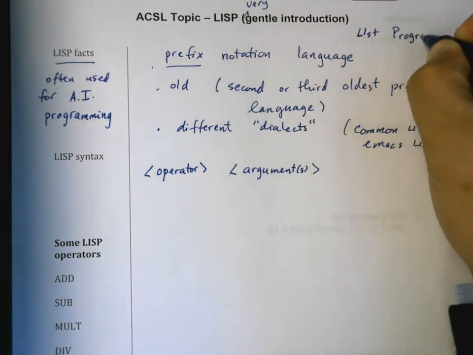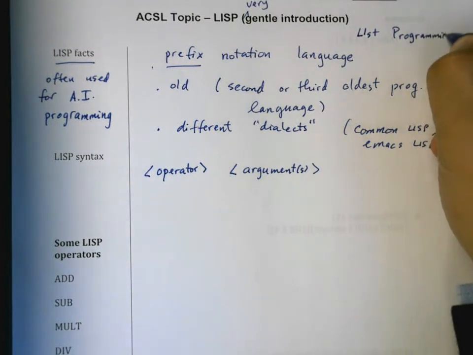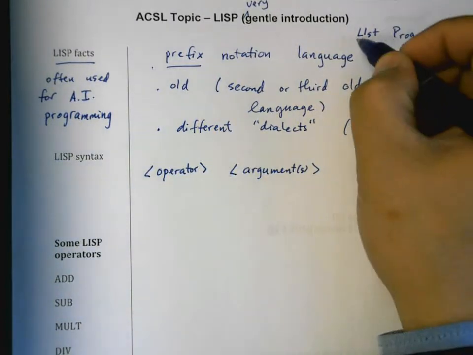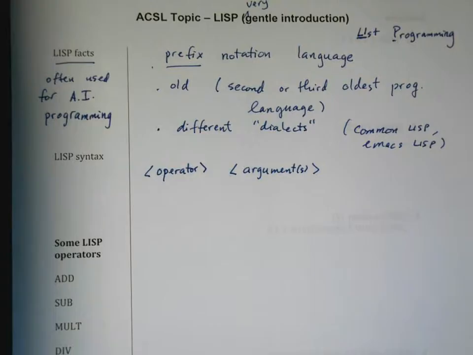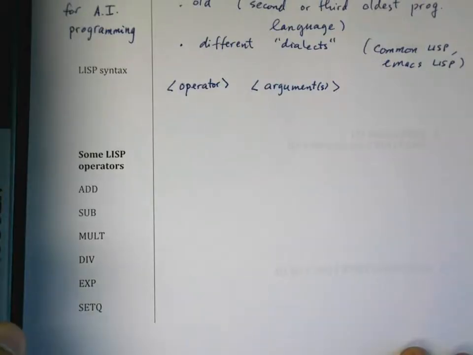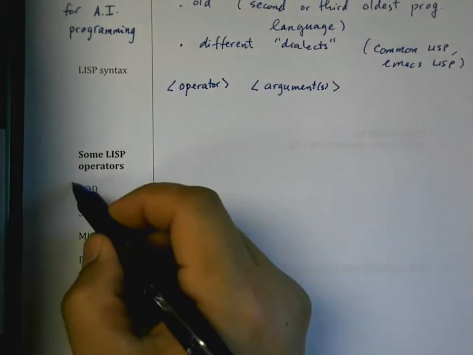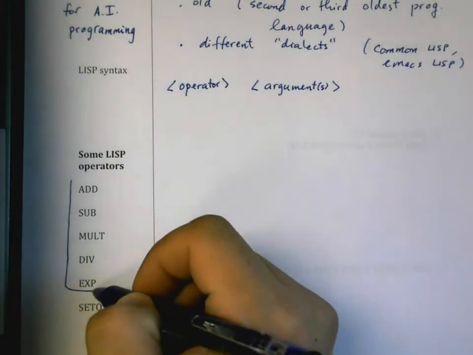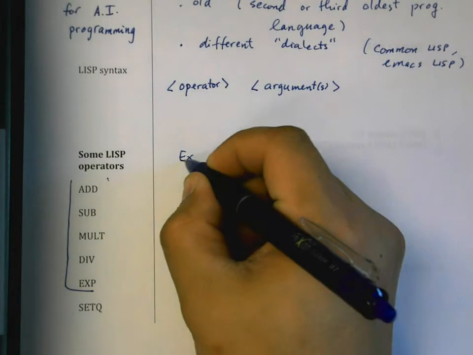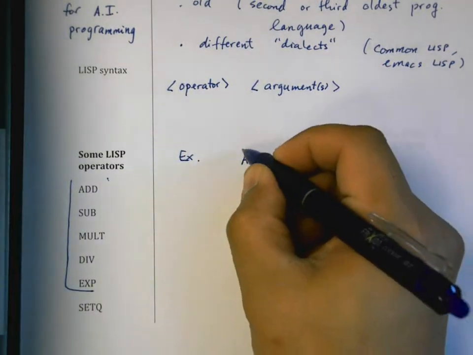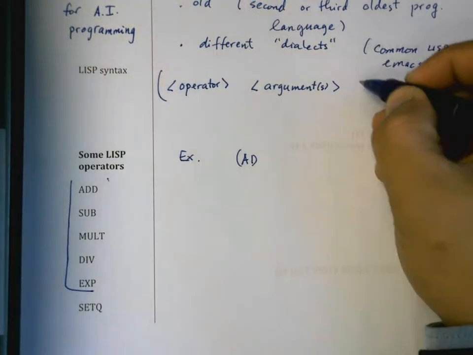Now let's look at some operators and see how they work. We have a bunch of them here. The first four or five are arithmetic operators, and I'll give you some examples. If I did add, the expression usually has parentheses around it. So add 2 3 is the equivalent of 2 plus 3.